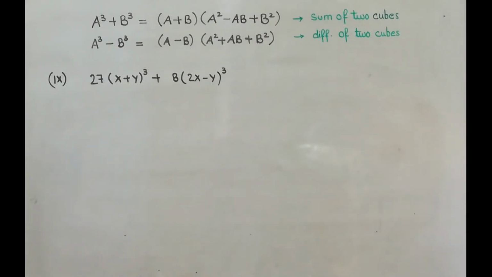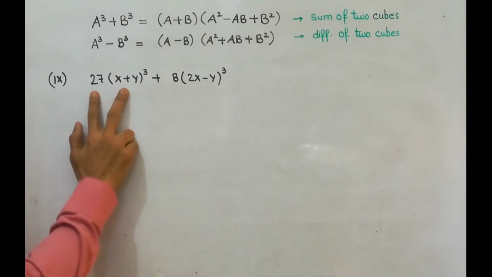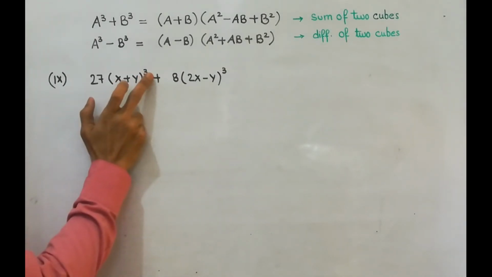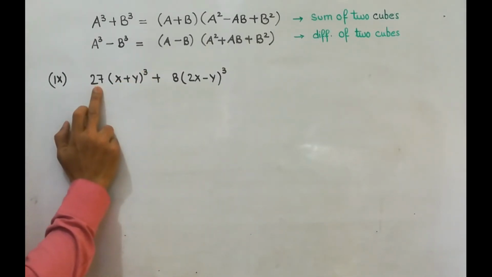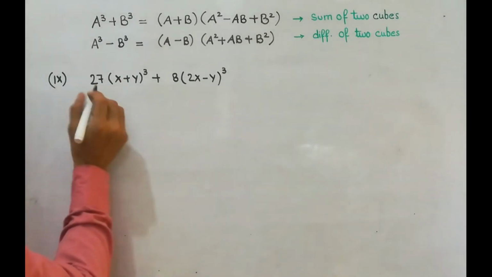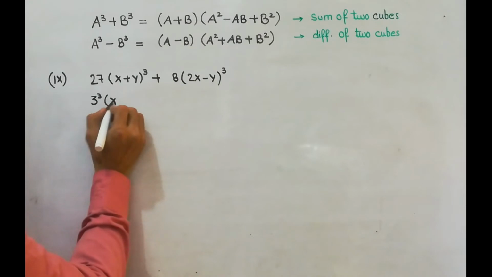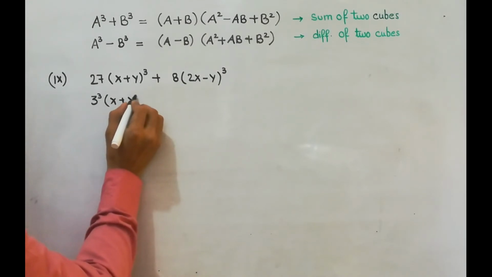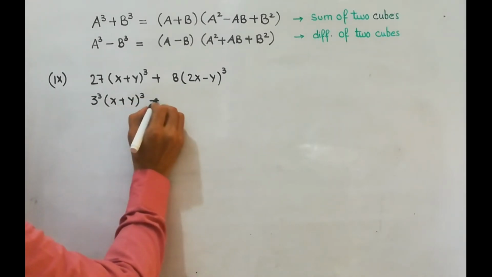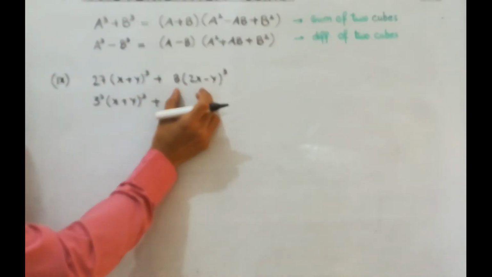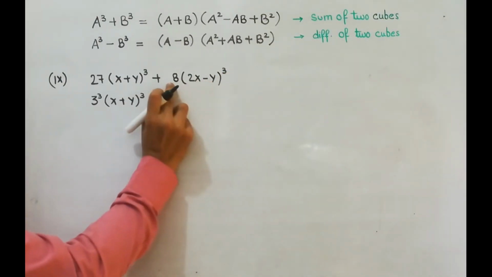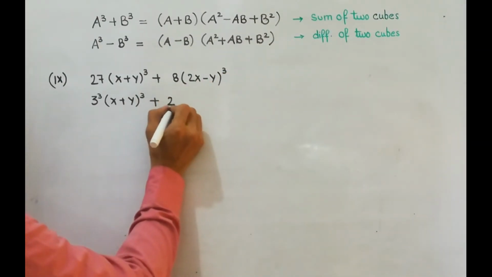Now in question number 9, we have the product of these two. This is a cube and this can be converted into a cube. So let's convert it into a cube: 3 cube into x plus y whole cube. This is also a product. One is a cube, the other can be converted into a cube.